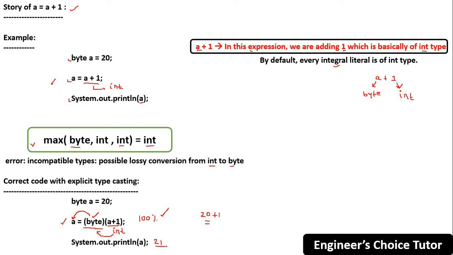Now let's move ahead and discuss the story of a++. Let's take one example. Byte a = 20, a++, System.out.println. I am trying to print the value of a here. You know what will happen? See, this program or code will work 100% fine, right?